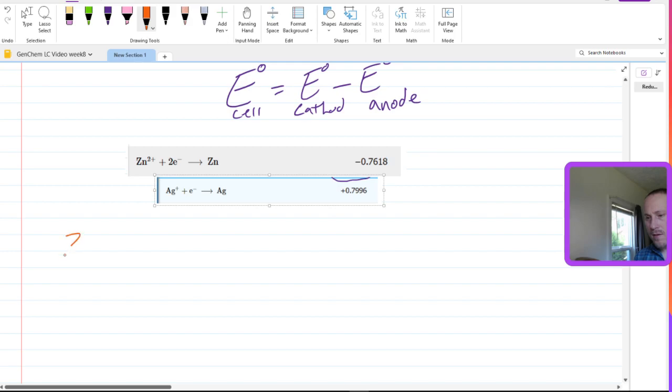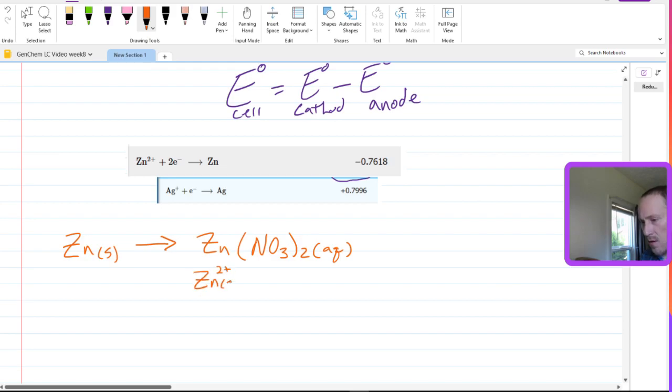We've got zinc that is solid, and it's going to become zinc nitrate aqueous, which is code for zinc 2 plus aqueous and 2 NO3 minuses that are aqueous.